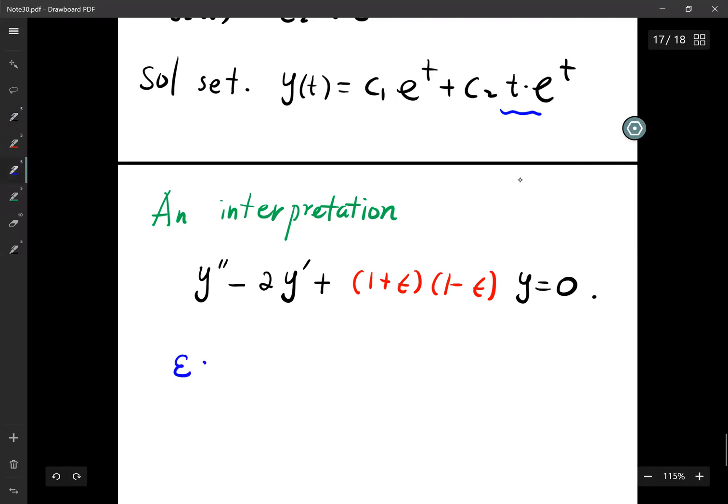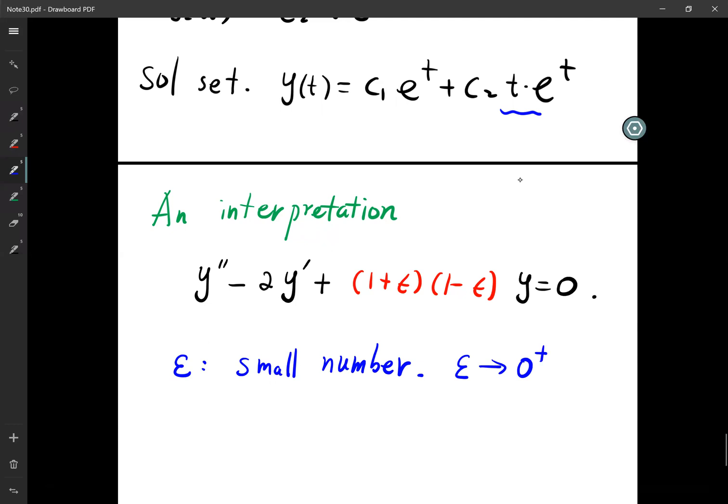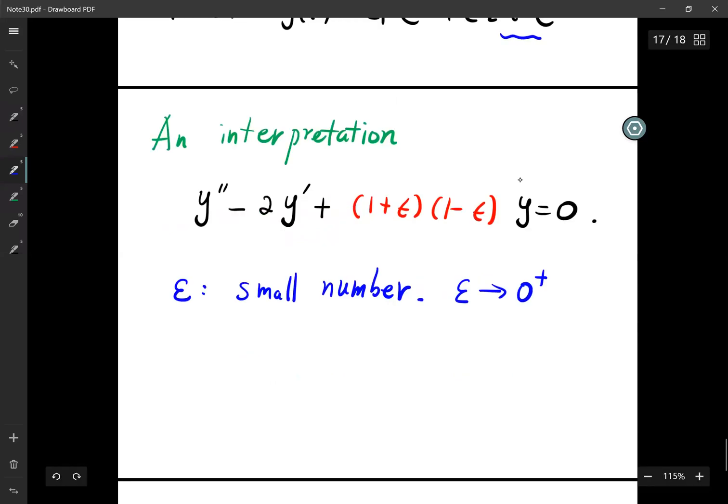Here, epsilon is a very small number, and I want to have epsilon go to 0 plus. Plus means that epsilon is a positive number that goes to 0. When epsilon is equal to 0, this is exactly the problem we want to solve: y double prime minus 2y prime plus y equals 0.